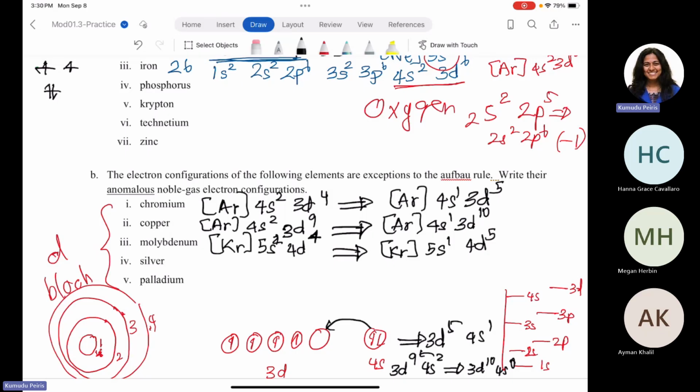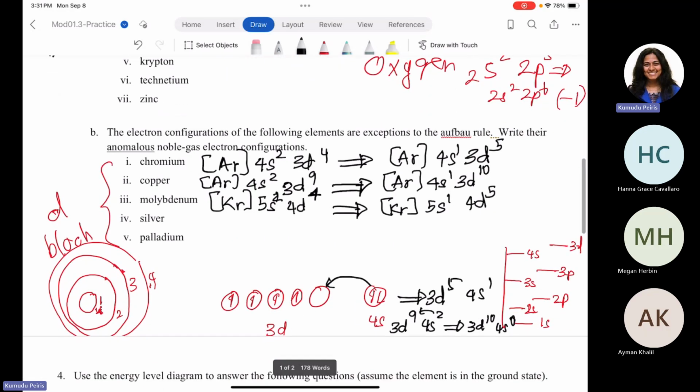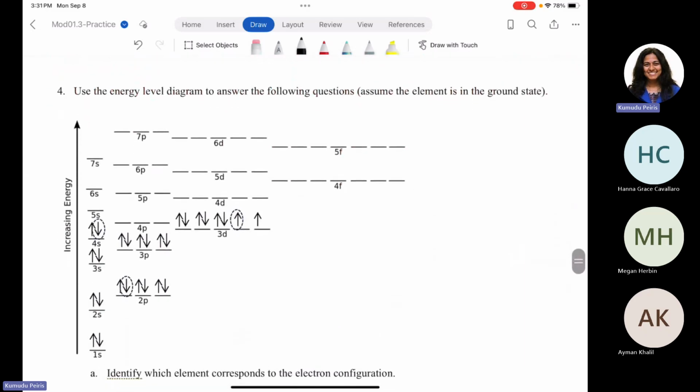So these will rearrange to these d5 or d10 configurations, taking an electron from the next s orbital. Questions? Okay, right. If you don't have any more questions, I will move to the next one.